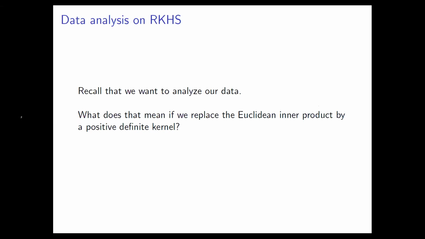So now, back to our situation. Remember that we want to analyze our data in Euclidean space. Then again, the question we have here is, what if we replace the Euclidean inner product by a positive definite kernel?